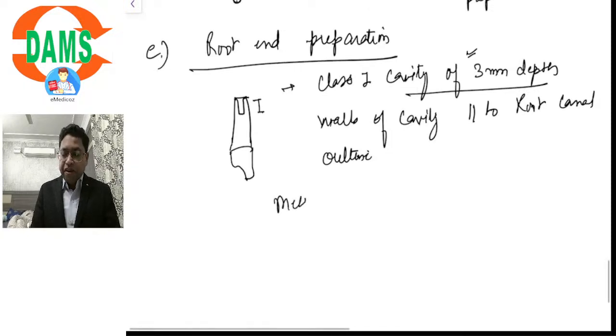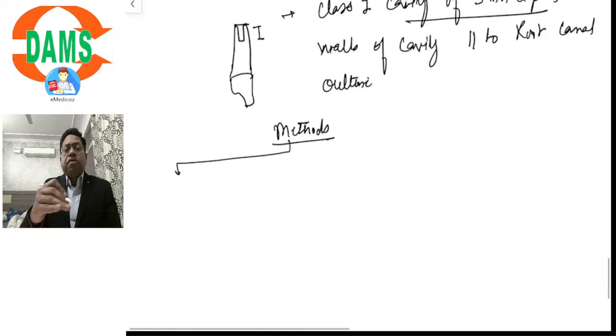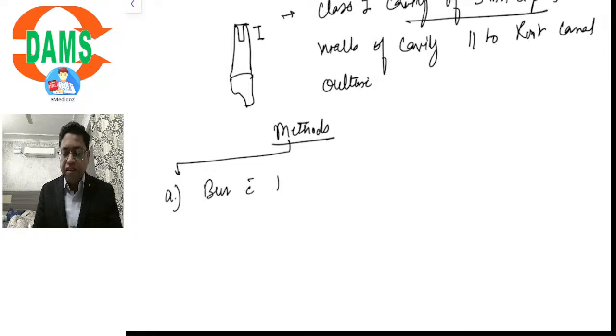How can we prepare a 3 millimeter deep cavity? So there are different methods for root end preparation. The conventional method is just like we do a tooth preparation on the coronal aspect of the crown. For any restorative material, we most likely use a burr and a handpiece. So the first method is burr with handpiece.